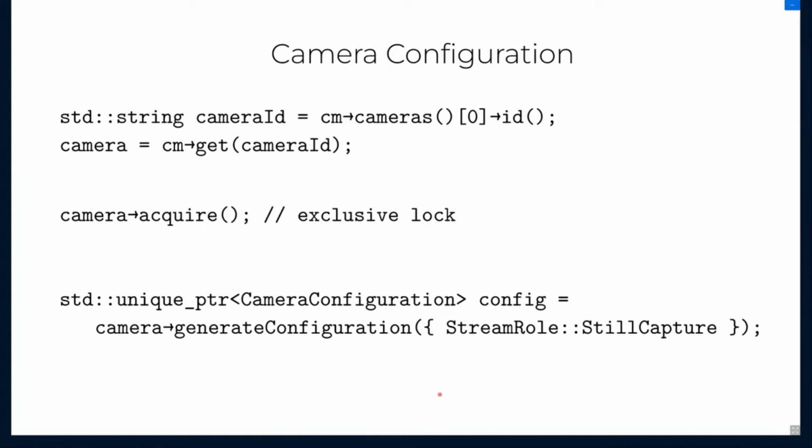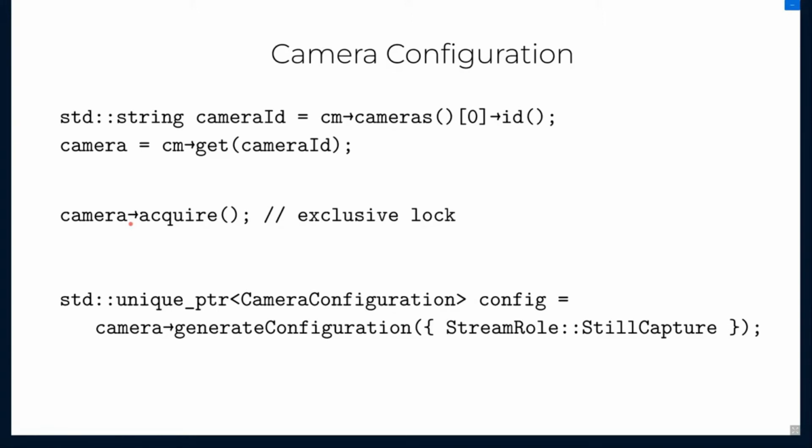Let's talk about camera configuration. After we have got the cameras, we select the first camera we have. So 0 is the first camera, suppose. We get a pointer to it, we acquire the camera. So this is an exclusive lock. Once a camera has been acquired, no other application will be granted access to that camera until it is released.